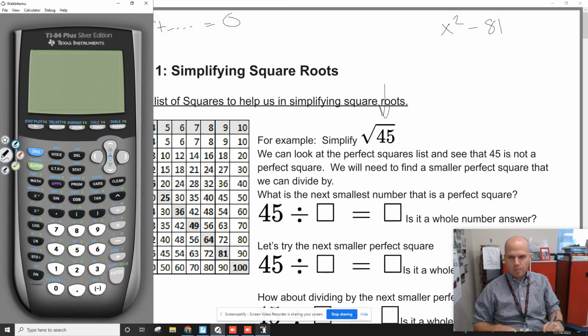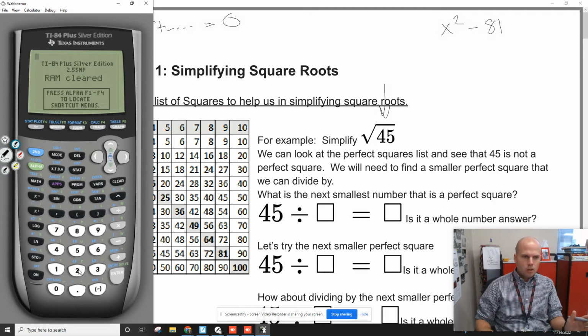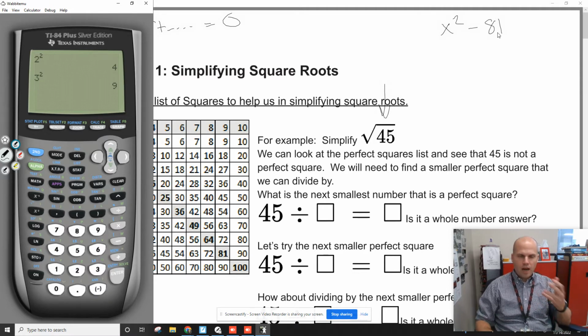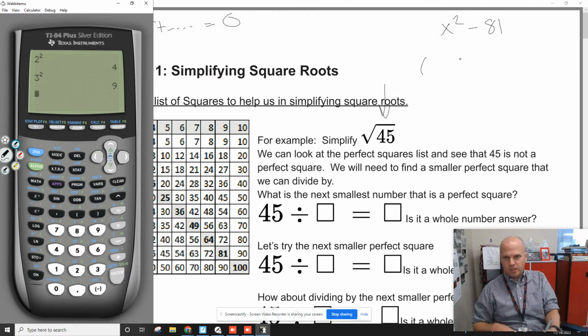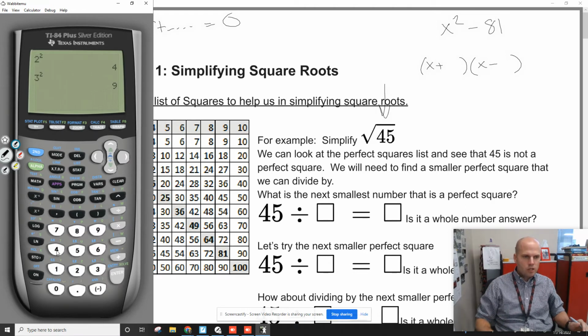A lot of people were given little cheat sheets where 2 squared is 4, 3 squared is 9. And to figure out the second term, because we realize this is a difference of squares, we got x plus something and x minus something. To figure out what goes here, you had to keep guessing and figure out what is the number that's squared that gets 81.